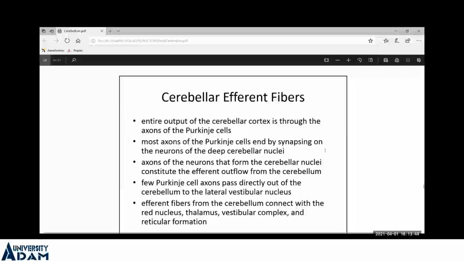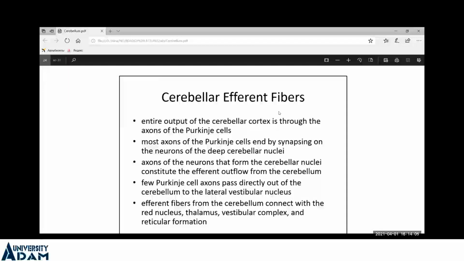Finally, efferent fibers. So as you can see, guys, why are Purkinje cells very important? Because the entire output of the cerebellar cortex is through the axons of the Purkinje cells, okay?